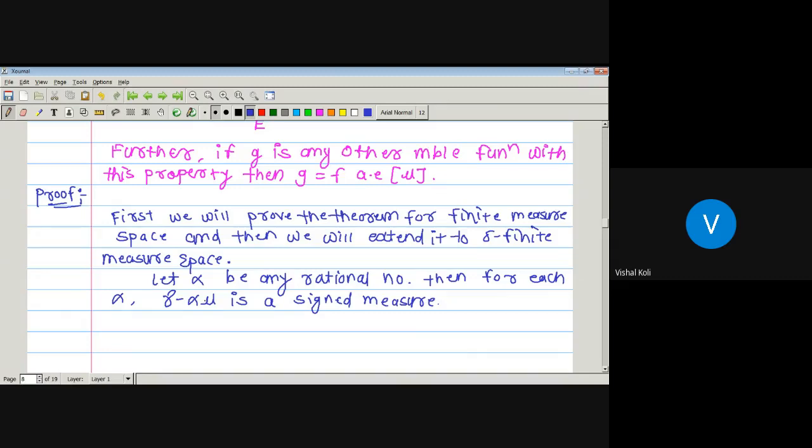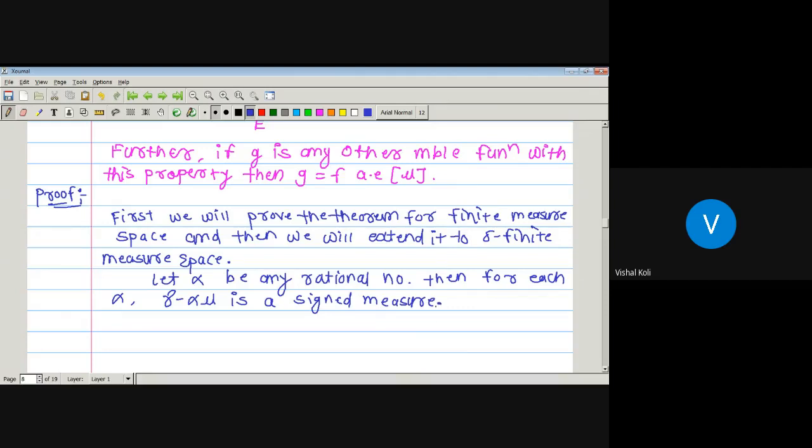Both gamma and mu are measures, and the linear combination of measures is not always a measure. It may be a signed measure, since it is not necessary that it will always be non-negative. So here gamma and mu are measures, but gamma minus alpha mu will be a signed measure.